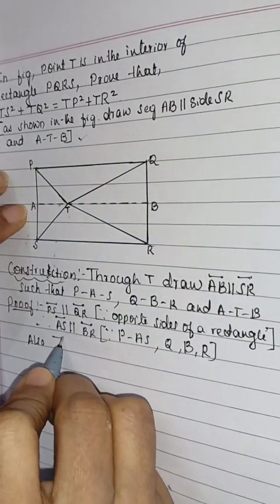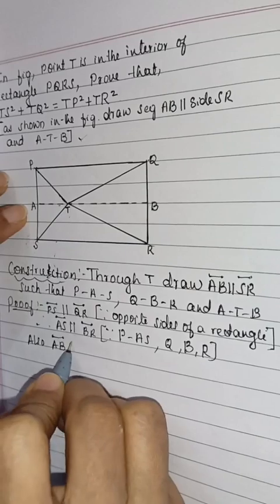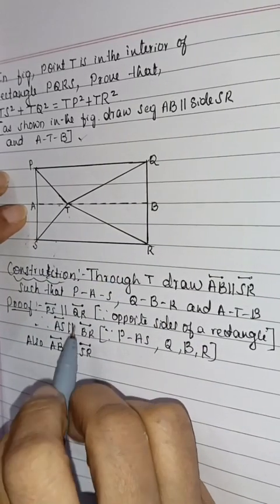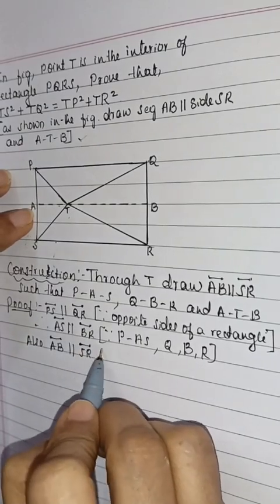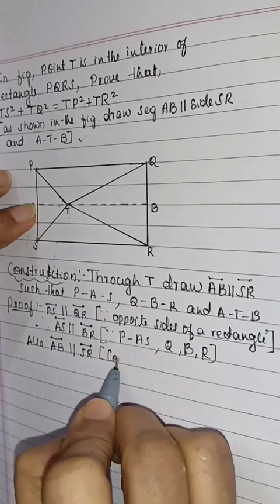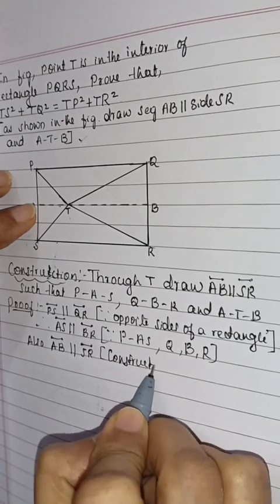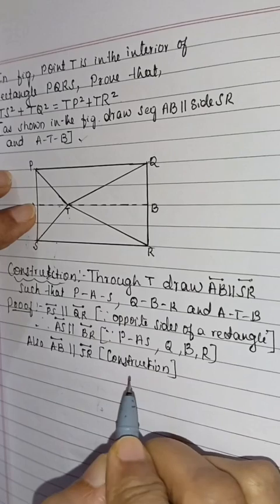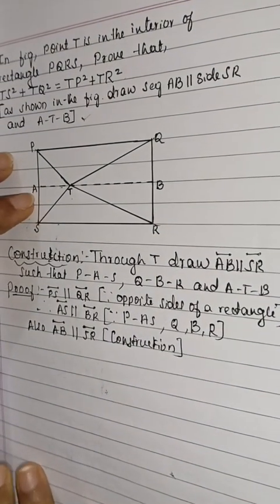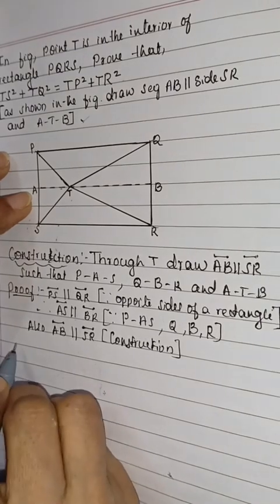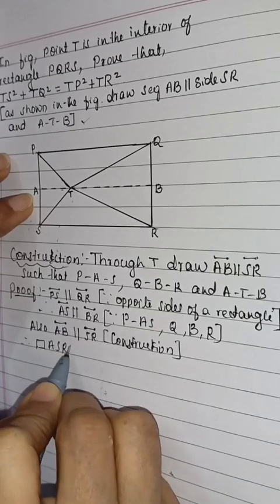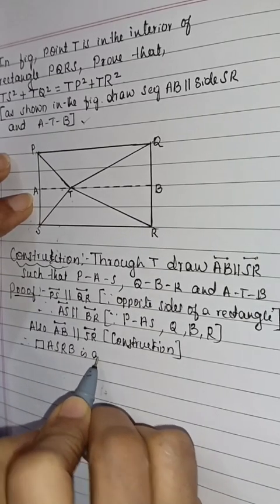Also, segment AB is parallel to segment SR. This is the construction. Therefore, quadrilateral ASRB is a parallelogram.